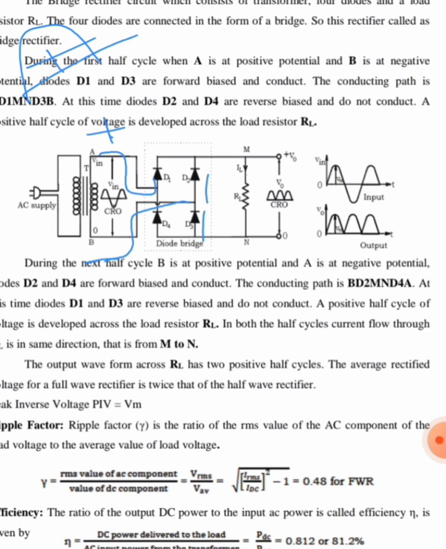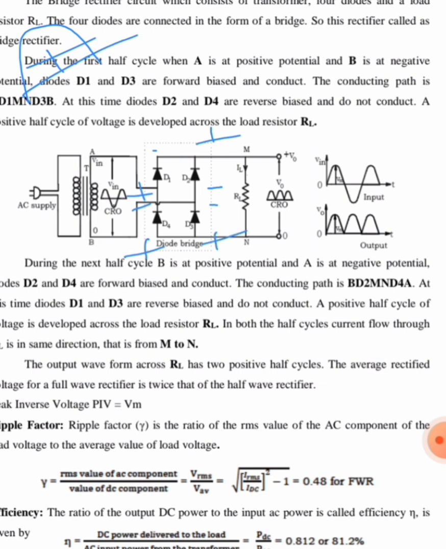So when A terminal is positive and B terminal is negative, for D1 the anode terminal will be positive whereas the other side will be negative. For D4, here it will be negative, this side it will be positive. Since B is negative, for D2 this side is negative and this is positive. For D3, this side is negative and this side is positive.